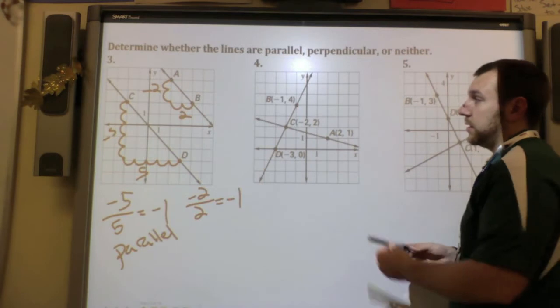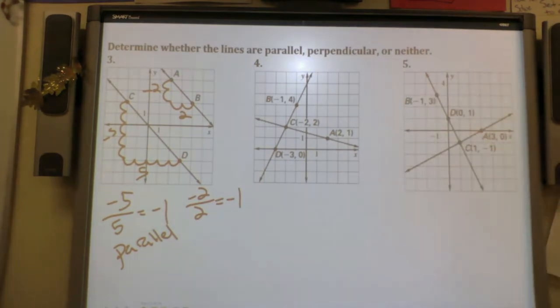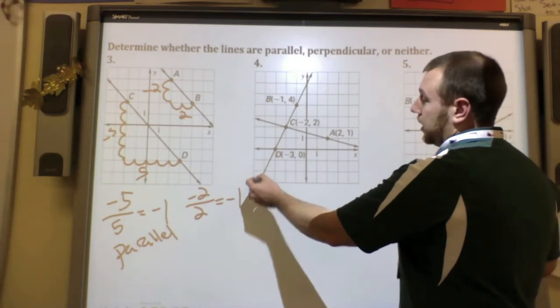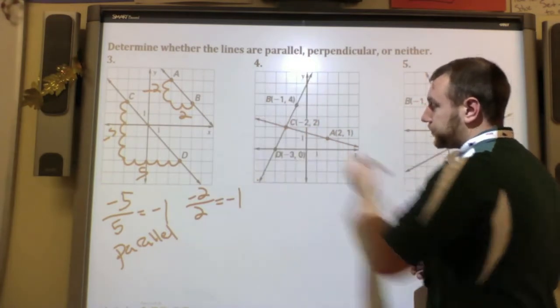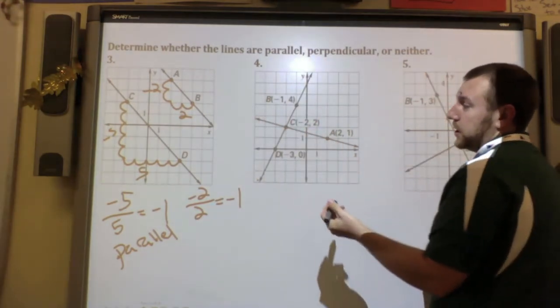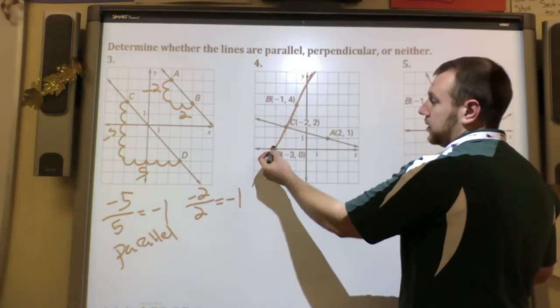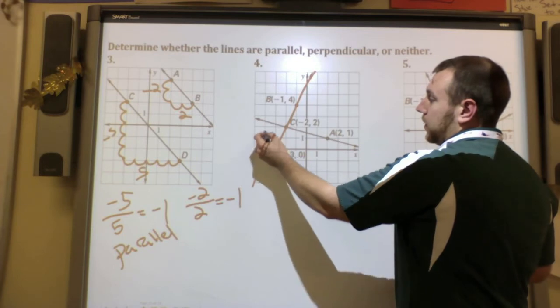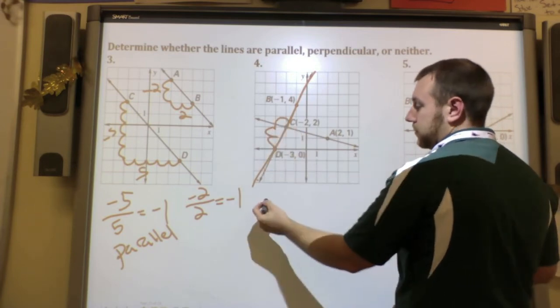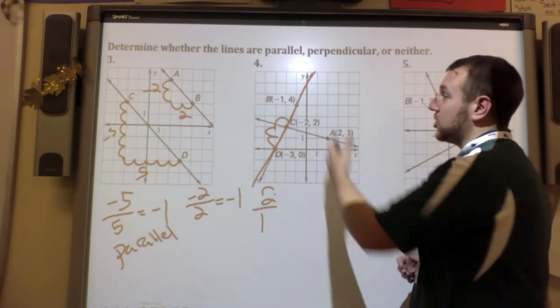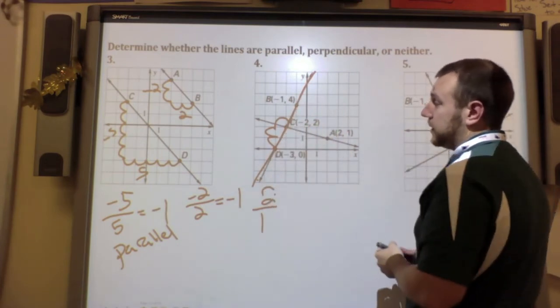So these lines are parallel. Here, again, I'm dealing with these two lines here. Okay, so I'm going to do the slope of this orange line. So I'm going to go up 2 over 1. Up 2 over 1. So that's the slope of BC.